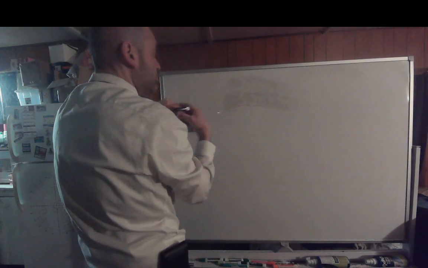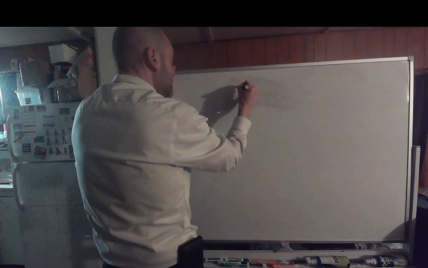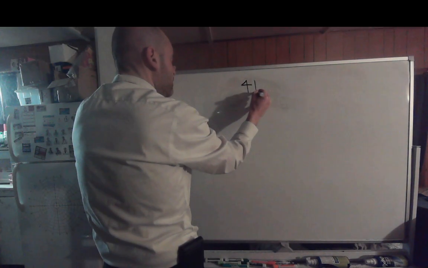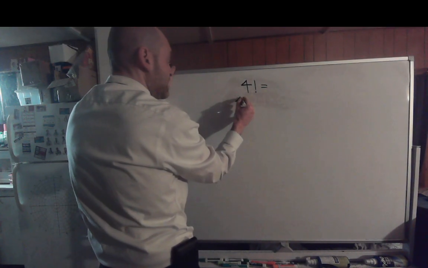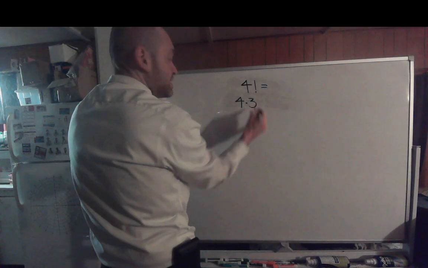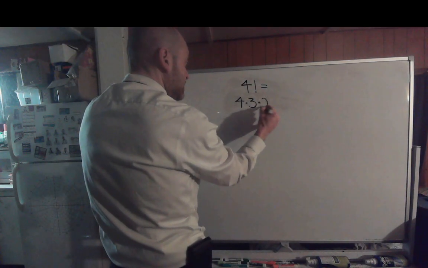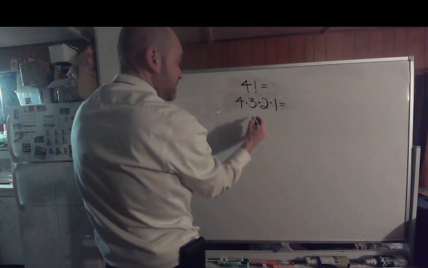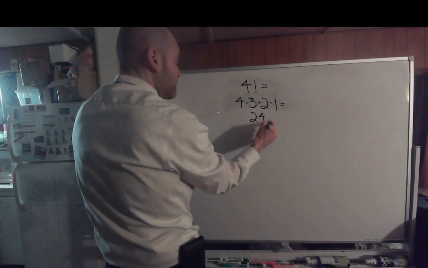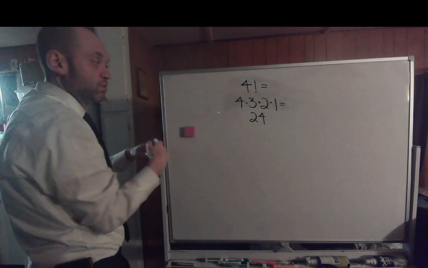Let's do a couple more of these. Let's say I had 4 factorial. That's going to be the same as 4 times 3 times 2 times 1. So that would be 24. So 4 factorial actually equals 24.